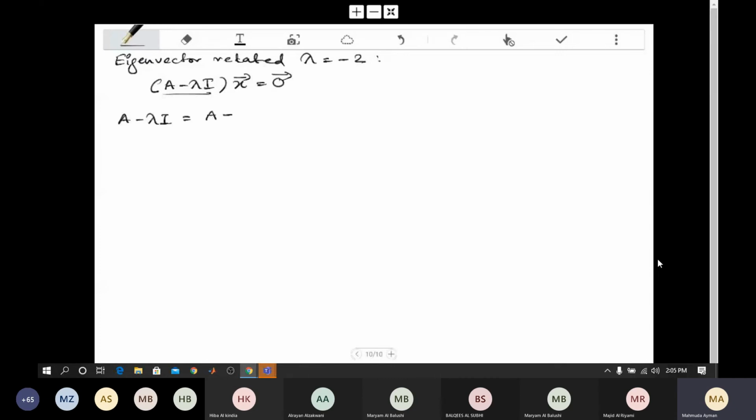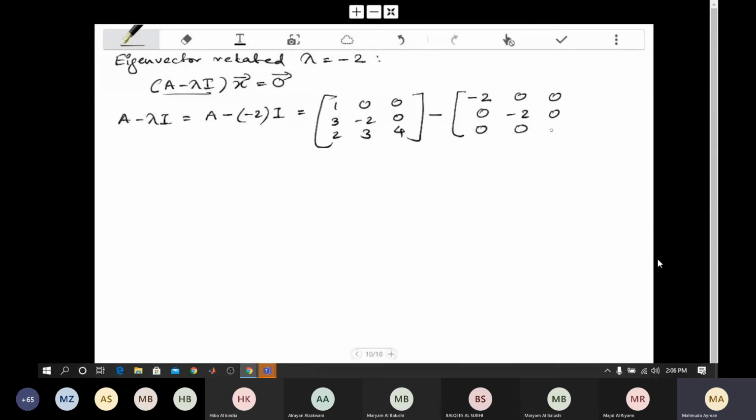So we have A minus minus 2 times I, where A is 1 3 2, 0 minus 2 3, and 0 0 4, minus, okay, so here we'll have minus 2 times 1 is minus 2, 0 0, 0 minus 2 0, 0 0 minus 2.